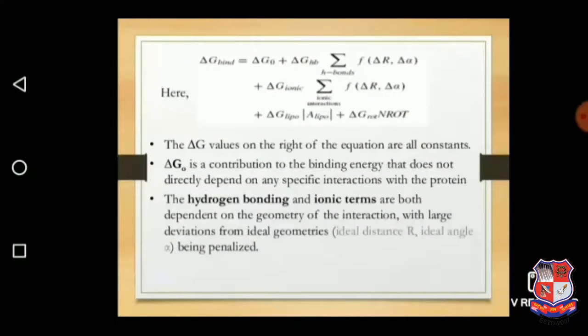So this is the equation: here delta G binding energy is there, delta G0, that is the initial energy, and the various terms like ionic, lipophilic, that includes hydrophobic and non-hydrophobic, like ionic and hydrogen bonding are included in that, and according to that they will find the value of delta G, that is the free energy. Delta G0 is the contribution to the binding energy that does not directly depend on any specific interaction with the protein. So these are the terms. Delta G is a thermodynamic term that we have to consider.